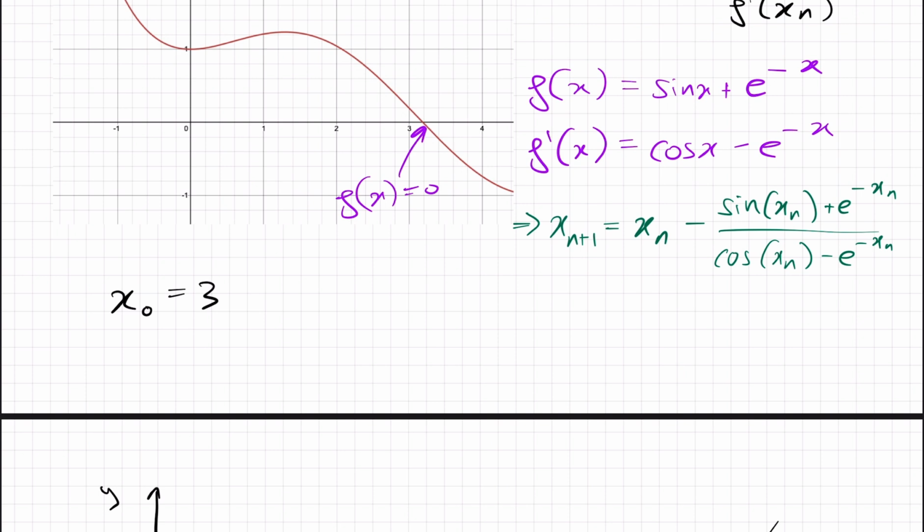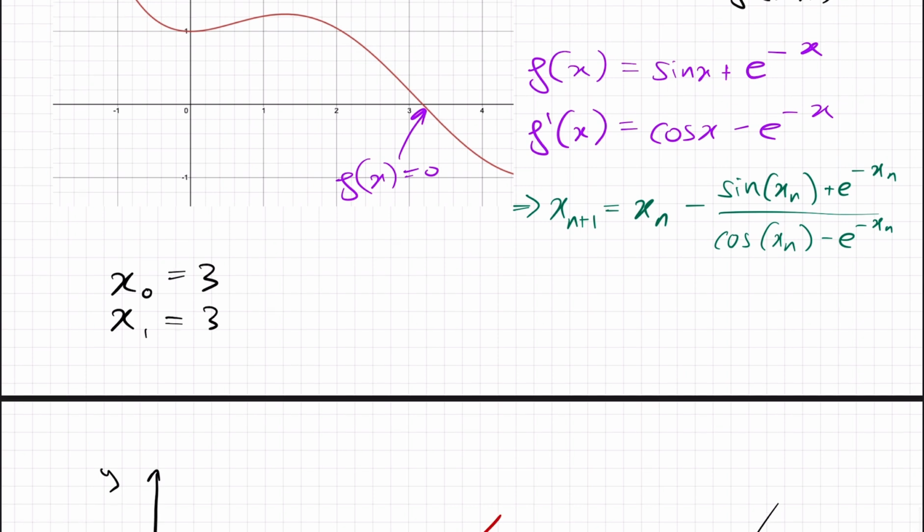Okay, so let me do this again. Okay, so the first answer we get is going to be 3.1836. Just rounding it to a random number of decimal places.